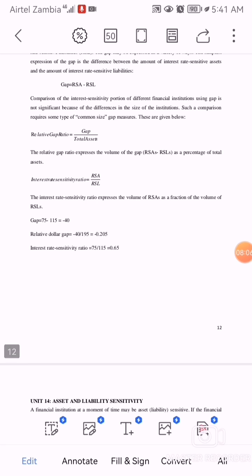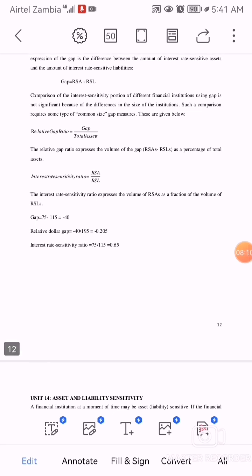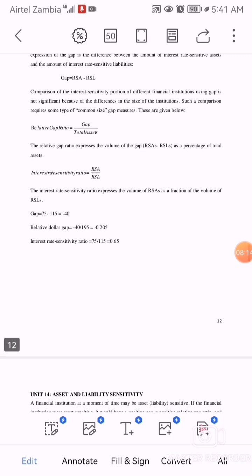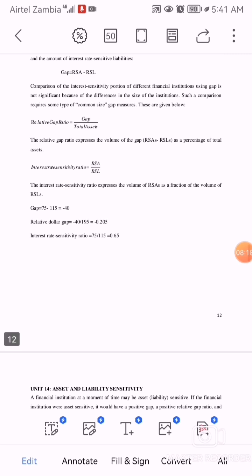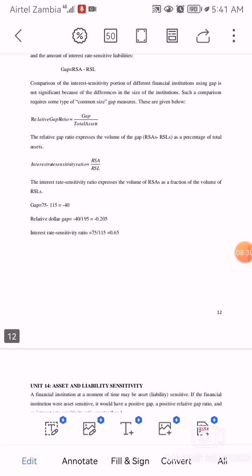So three formulas: first, gap, RSA minus RSL. Second, relative gap ratio, the answer that you find over your total assets. Then the last one, interest rate sensitive ratio. You are dealing again with RSA and RSL, except this time you are dividing. In the first place, you subtracted. For the interest rate sensitive ratio, you divide.